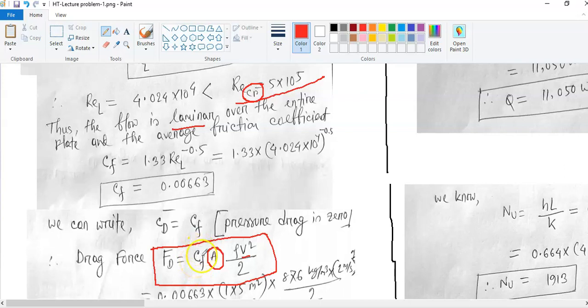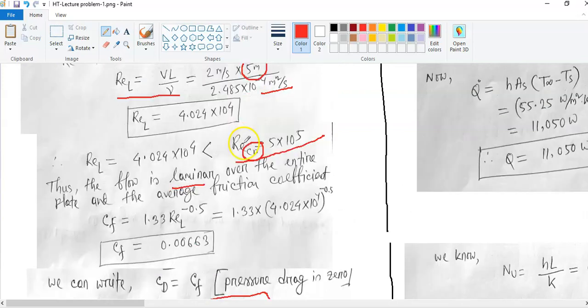So this friction coefficient formula is different for laminar flow and turbulent flow. For laminar flow, the friction coefficient formula will be different, and for turbulent flow, it will be different as well. So when you are going to calculate the drag force, the first thing is to calculate the Reynolds number and check whether your flow is laminar or turbulent.